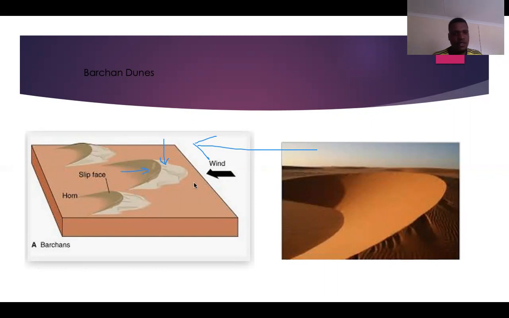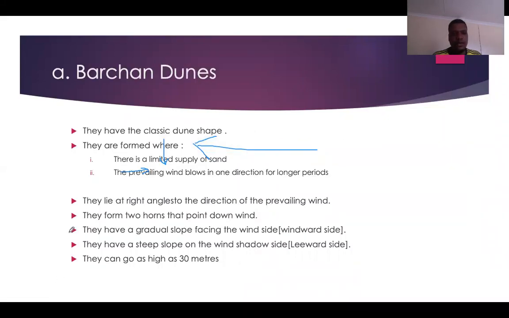And these horns are always pointing towards the direction of the prevailing wind. This one is a more realistic picture of our sand dune, or our barchan dune. That is simple, you can understand that one. So what are we saying? They have a classic dune shape.